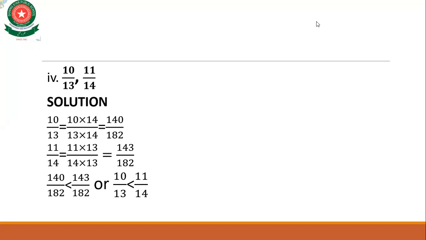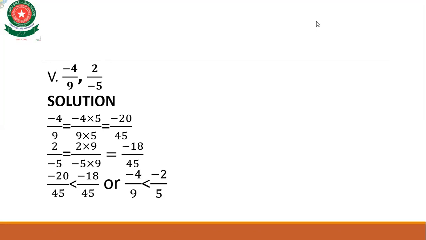Then our equation will be 140 divided by 182 less than 143 divided by 182. Or we can say that 10 by 13 is less than 11 by 14. That is our answer.